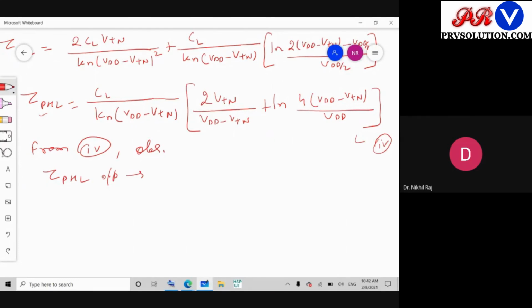First you see CL, it is a function of CL, directly proportional. Then it is a function of VDD, inversely proportional to the supply.